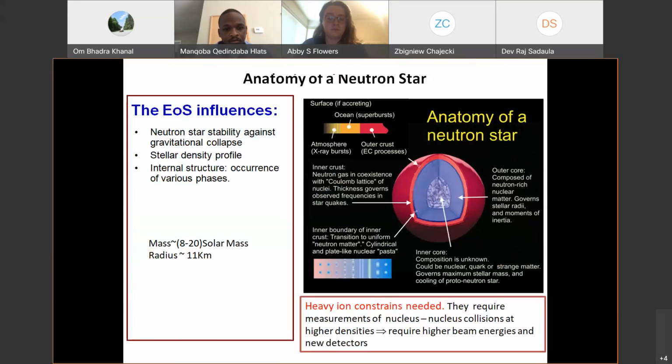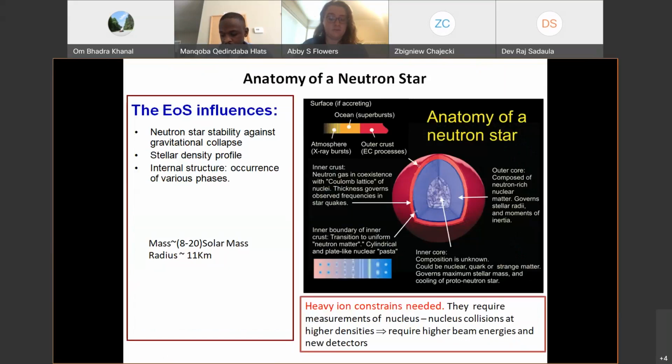So here, after talking a little about the neutron star, I'm going to talk a little about the anatomy of a neutron star. As you can see, this is the anatomy of a neutron star. In the core, it is highly dense. It has a lot of stuff in the core, and the equation of state influences different parameters in the neutron star.